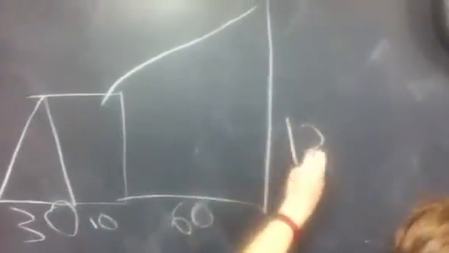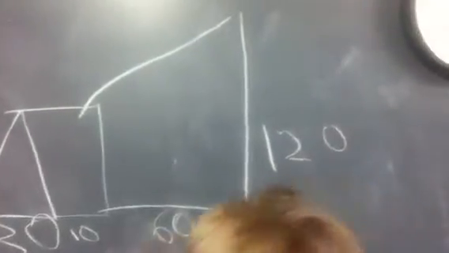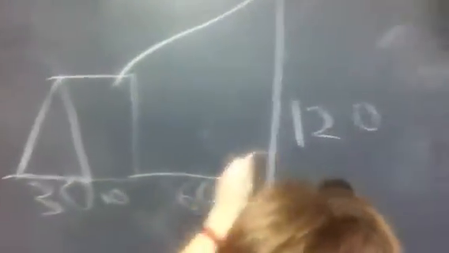So in the diagram, I'm going to try and make this as easy as possible. I have 30, I have 10, and then I have 60 and 120. Now, the drawing is not drawn to scale.